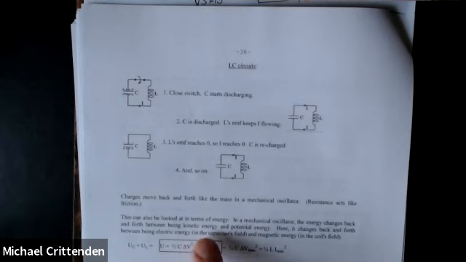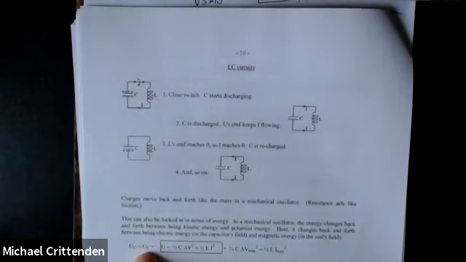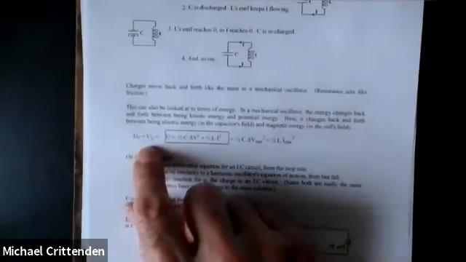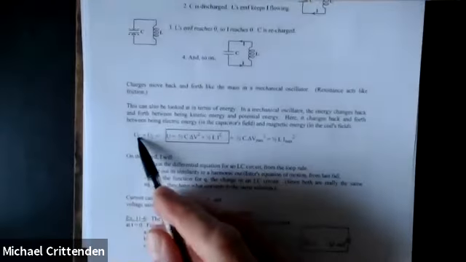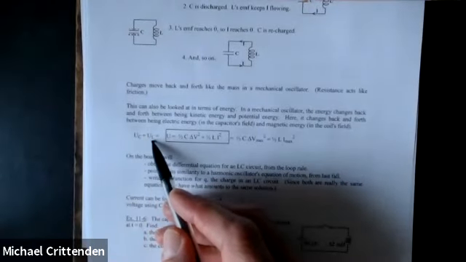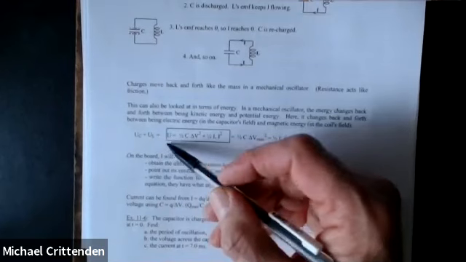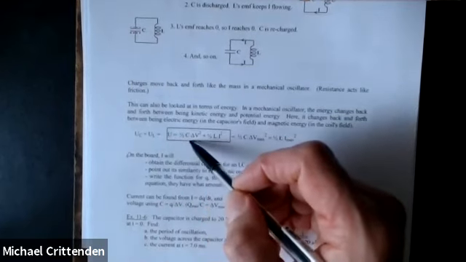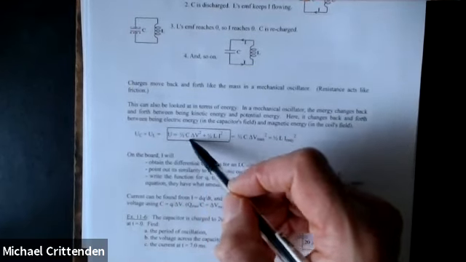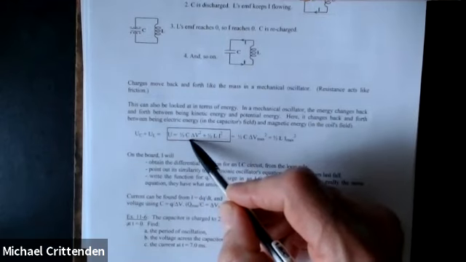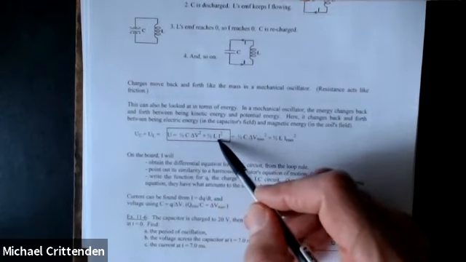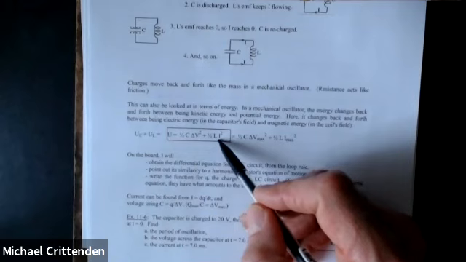And let's see, here's the part where I talked about the energy. I already said that. The total energy in the system would be the capacitor's energy plus the inductor's energy, which from the previous page, 1/2 CV squared is what's in the capacitor, 1/2 Li squared is what's stored in the inductor.